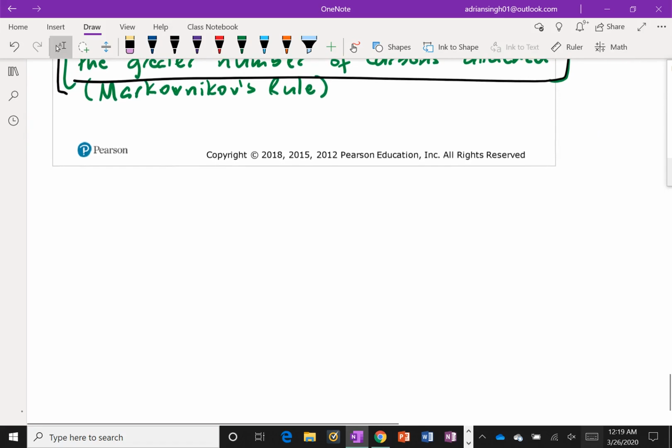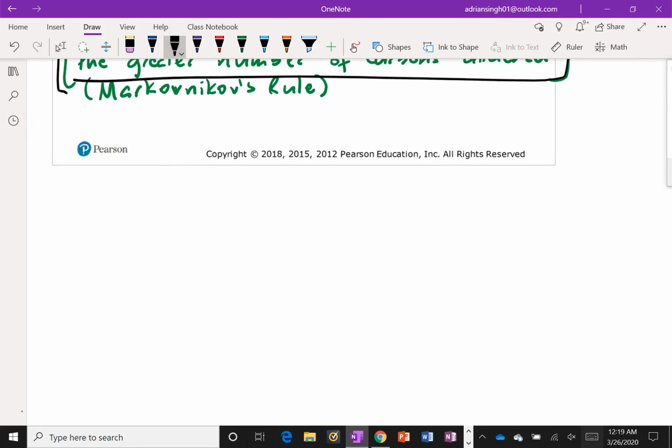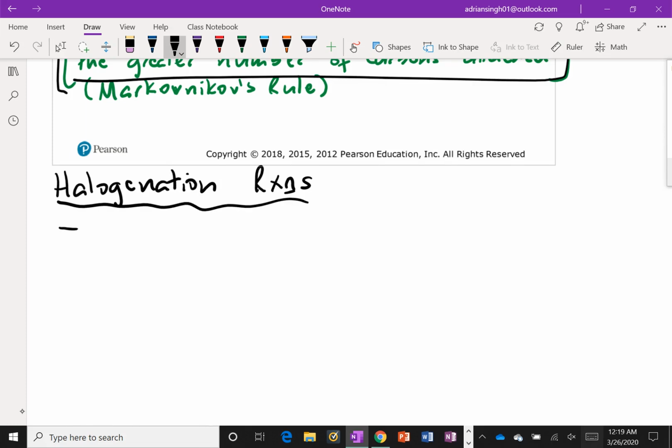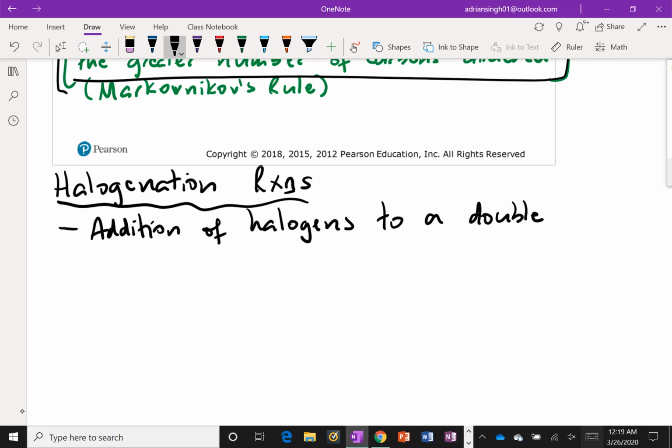And then the last one is called halogenation. This is the third type of addition reaction. This is the addition of halogens to a double bond, or triple, depending on if you're dealing with an alkyne. Okay, no catalyst is needed.